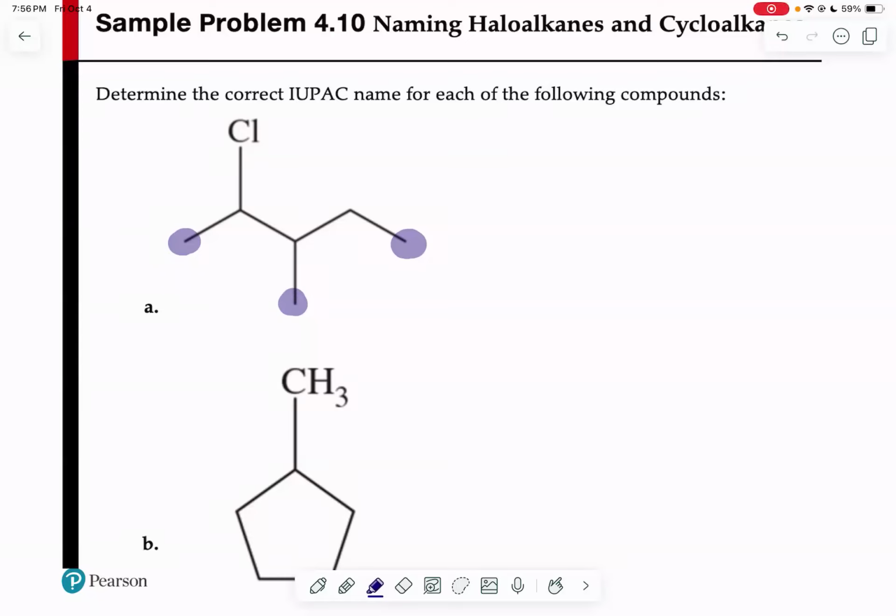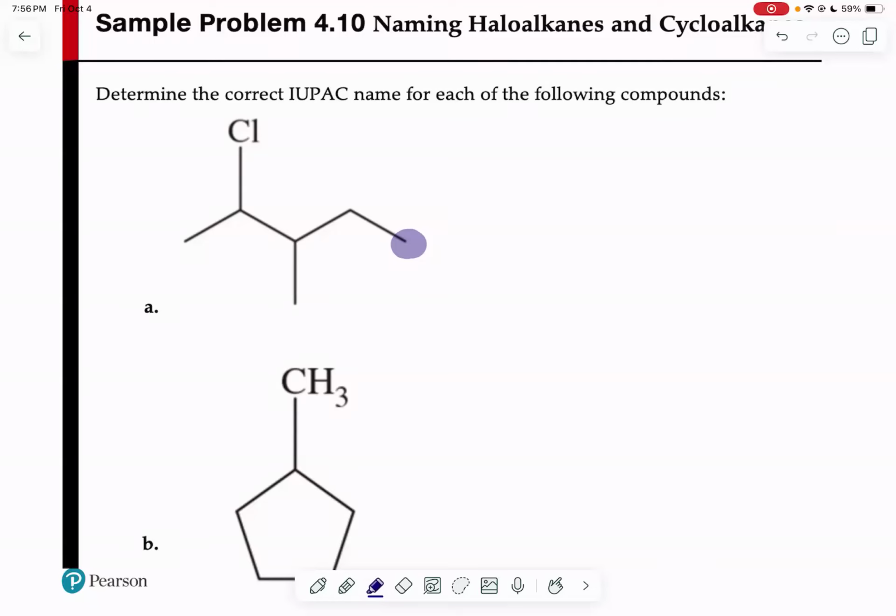As I look at these three ends, this first one is only one carbon at the end, and then it goes to a branch point. Here I have one carbon at the end, and it goes to a branch point. But here I go 1, 2. So I'm going to try to pick the longest one, and that's where I'm going to start. That's why I've decided to start from this end, just so that I get my longest continuous chain of carbons.